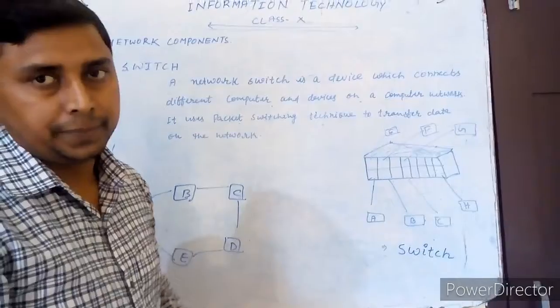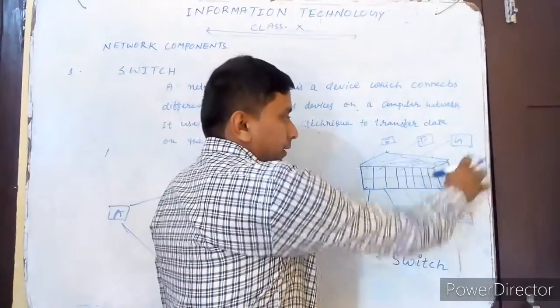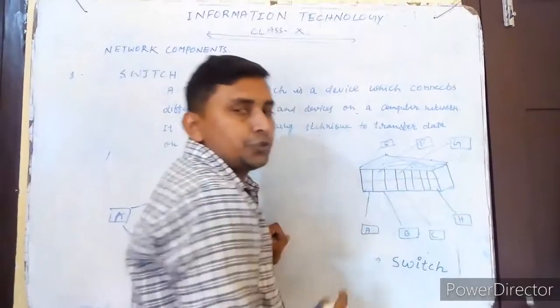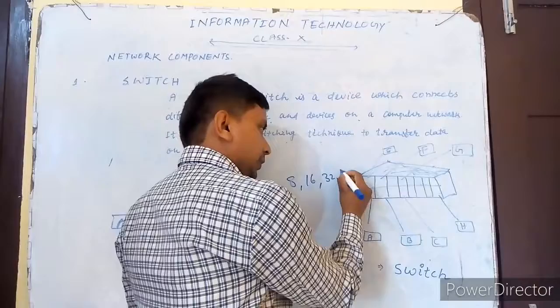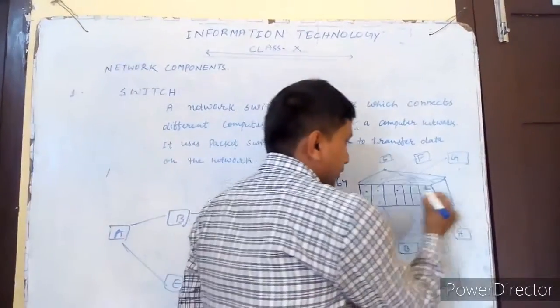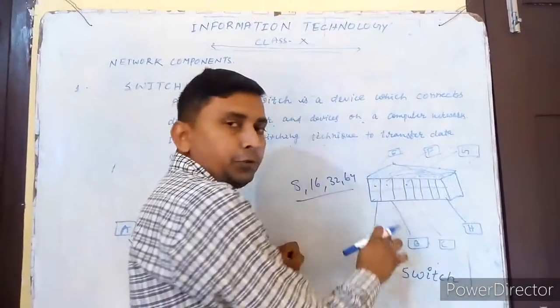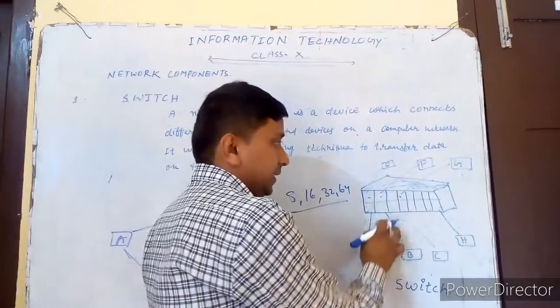But there is some other mechanism. In this, this is the switch. A switch comes with 8, 16, 32, or 64 ports. These all are the ports. By these ports, all the computers, here nodes, are connected.